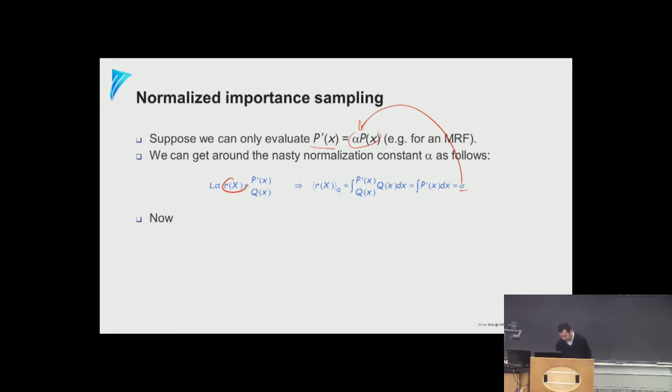Okay? And that's quite interesting because that means this constant, even if you don't know its value to begin with, you actually will have it once you have all these ratios.